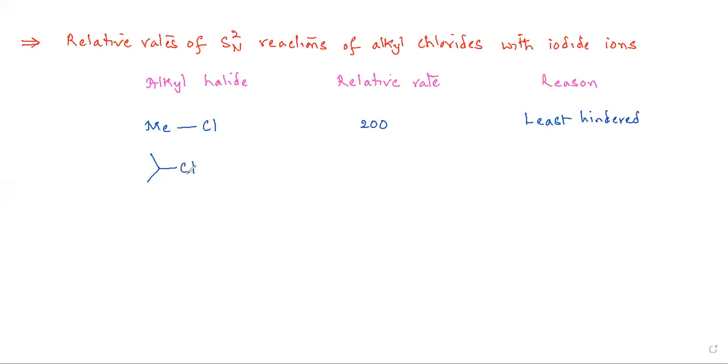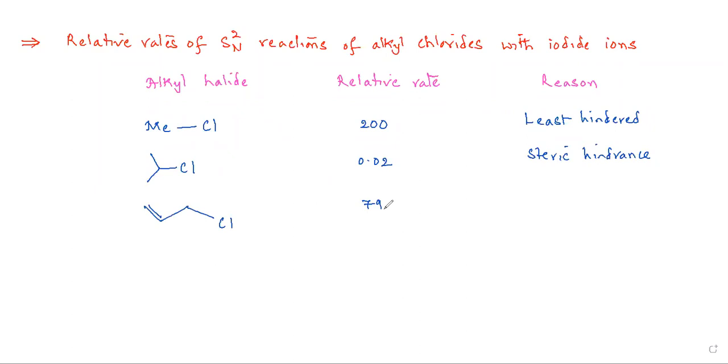If you go for this, look at the relative rate. It is actually because of steric hindrance. 3 degree, we don't actually consider. These are all experimental results. So this is allyl chloride.